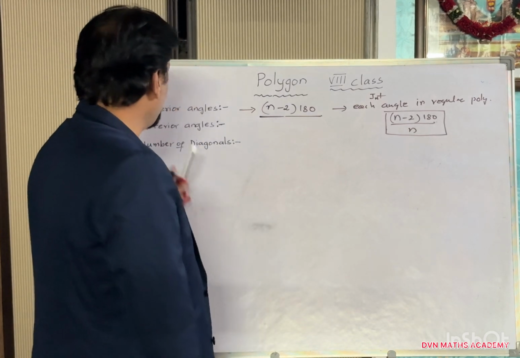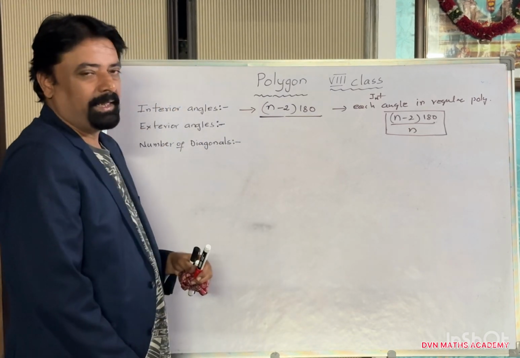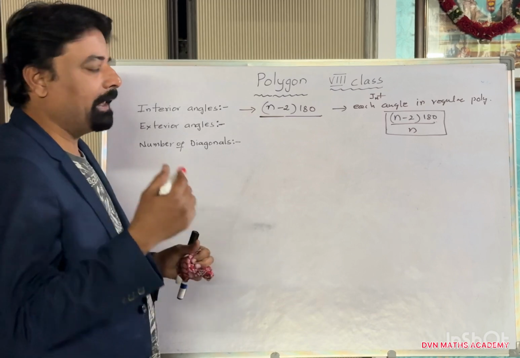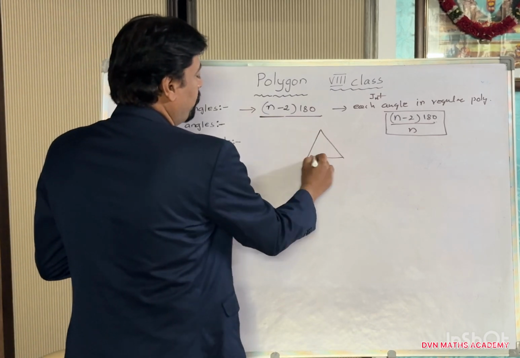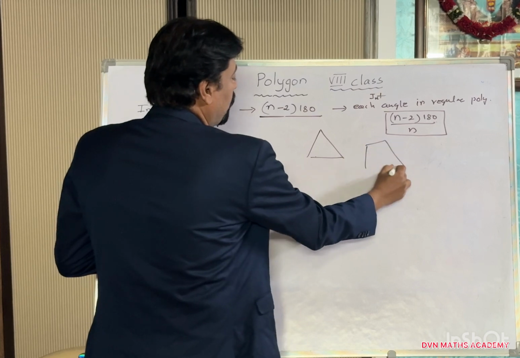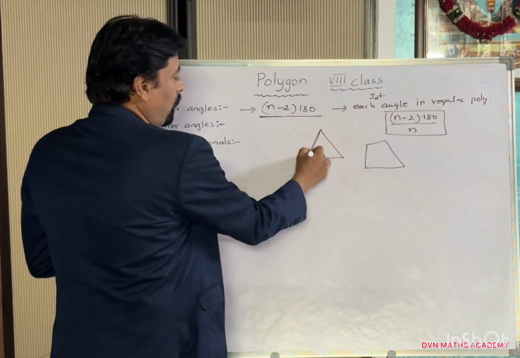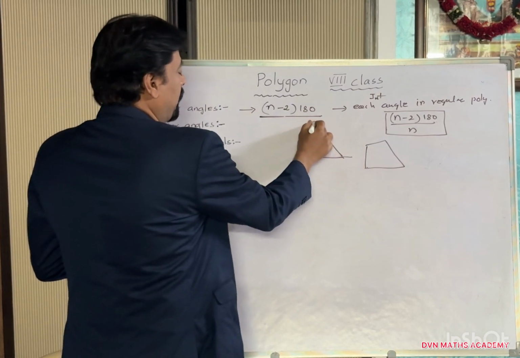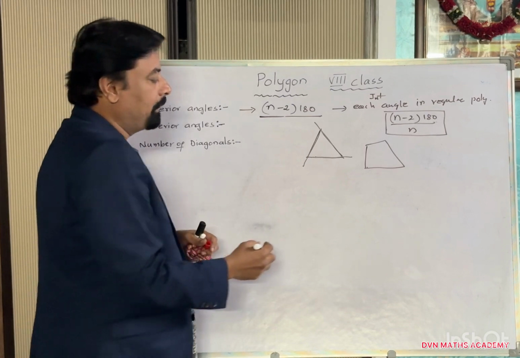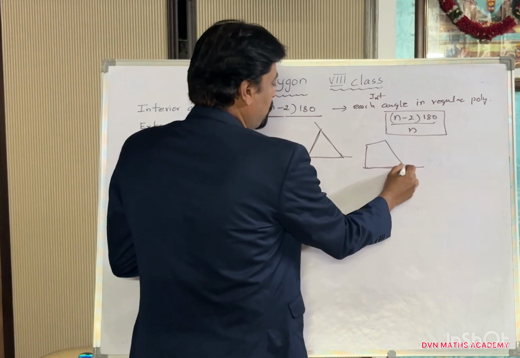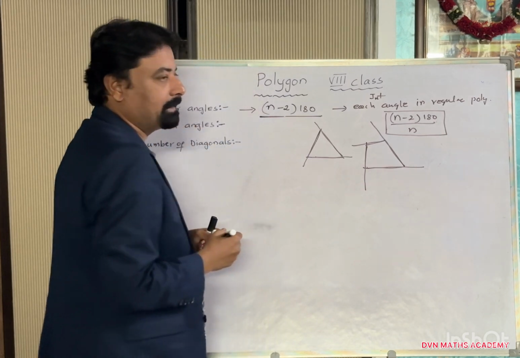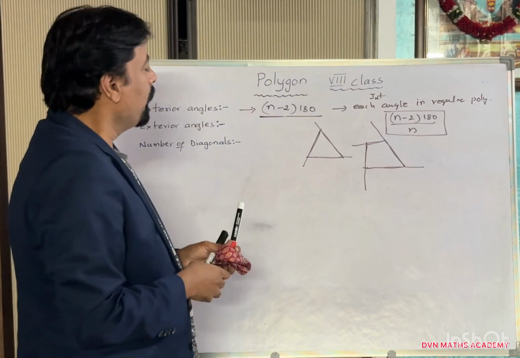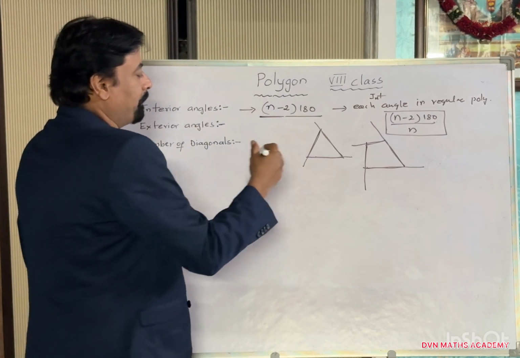So here another topic is there, that is exterior angle. This is very interesting. You take any polygon, for example a triangle or a quadrilateral, whatever it may be. If you extend all these sides clockwise or anti-clockwise like this, here you can find some exterior angles.